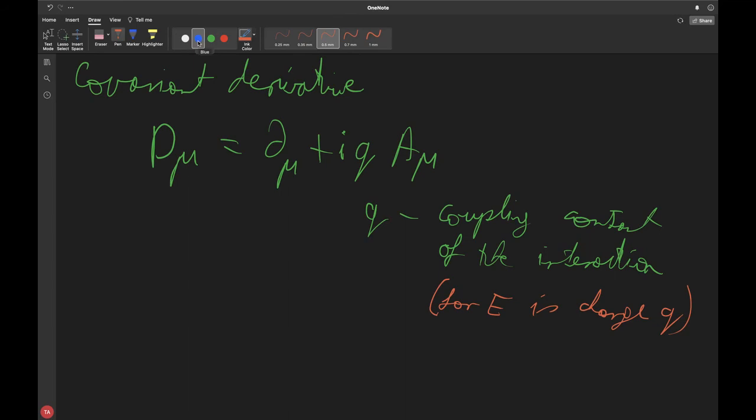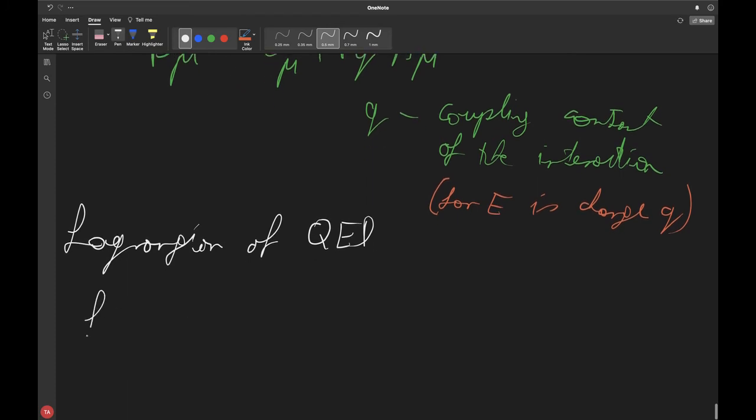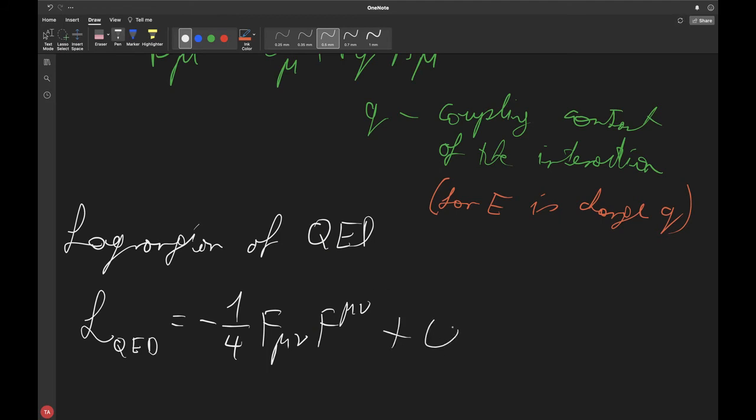It doesn't really matter. So with this, we can finally write down the Lagrangian of QED. This is the merger of these two things. So we had minus 1/4 F mu nu F mu nu. This was the electromagnetism part. And now we have the Dirac part, which was the adjoint spinor.